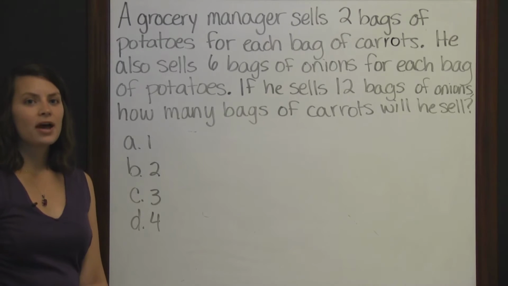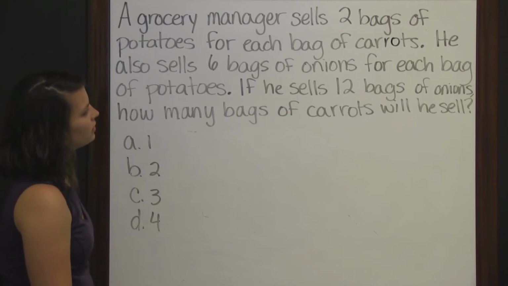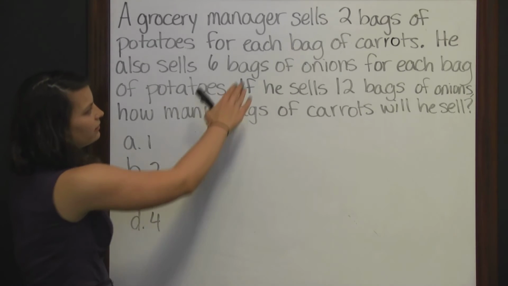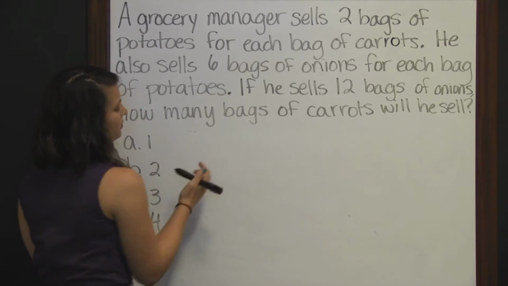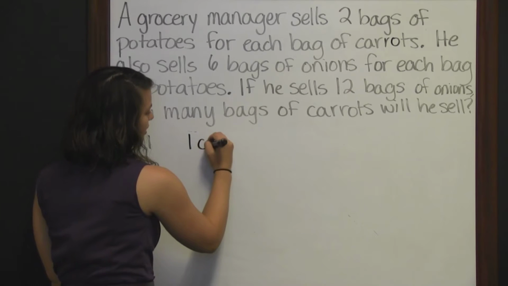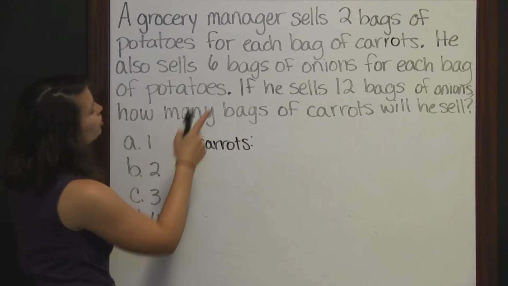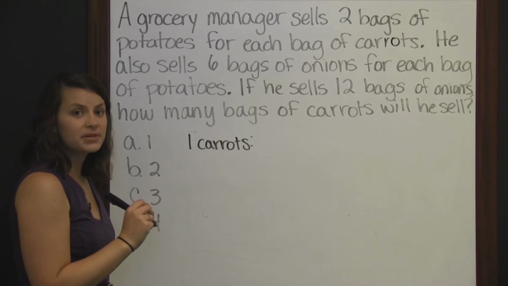Let's start by picking out the important information. In the first sentence, we're told that for each bag of carrots, so each, that means 1. So for 1 bag of carrots, he sells 2 bags of potatoes.